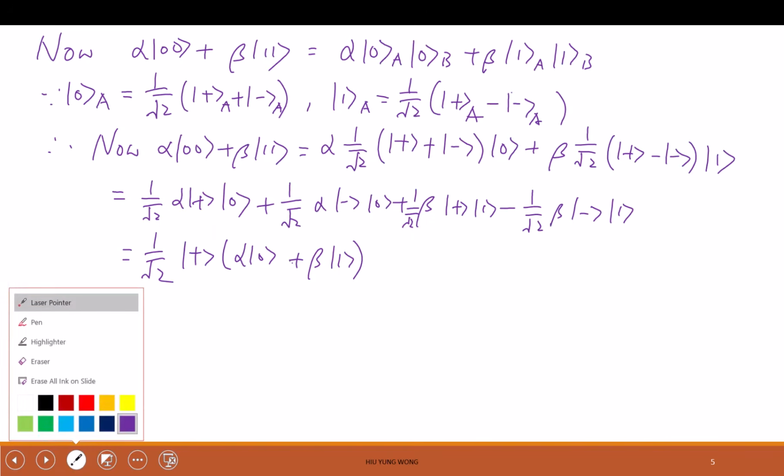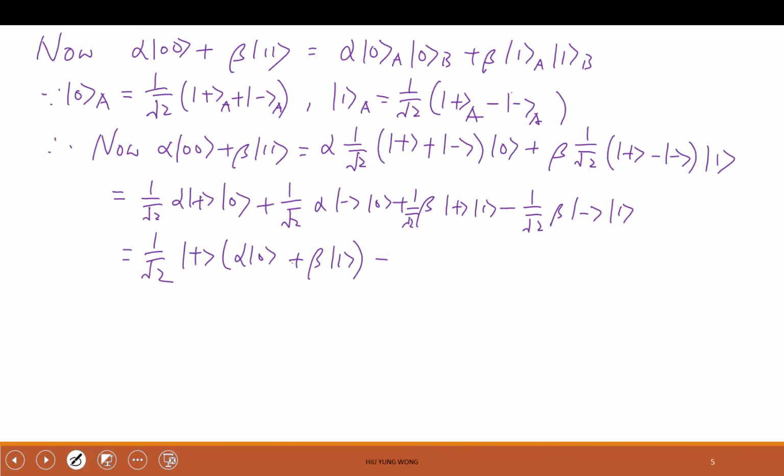Then how about the other one? The other is the same. I want to group the minus term. Minus, what do I have? Someone tell me. Let's say again, I take the minus. Say again, what's 0? Thank you. Alpha |0> minus beta... No, I have a typo. Alpha |0> minus beta |1>.